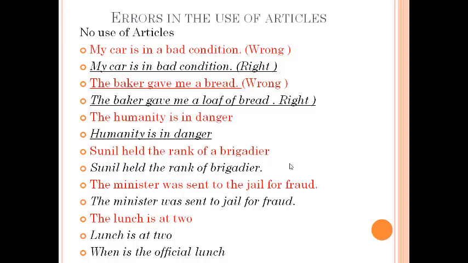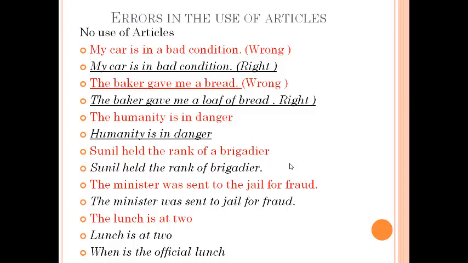Okay, only we use a and an with countable nouns. Countable nouns means, for suppose, a pen, but we don't say a water. We say a glass of water, a loaf of bread, a bunch of keys, a cup of rice, a lock of hair.